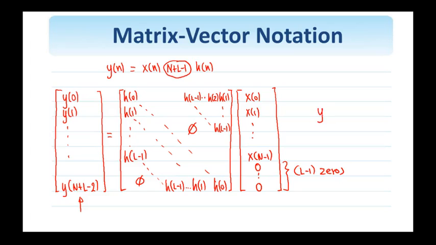So again, I can write y equals Hx. H now has also a special structure. The structure now is that if I take any row of H and I circularly shift it by 1 to the right, and circular means that the element that leaves the matrix due to this shift to the right wraps around, it appears at the other end of the row, at the beginning of the row.